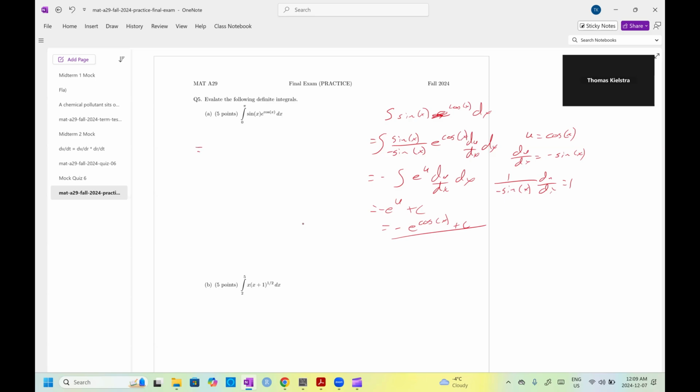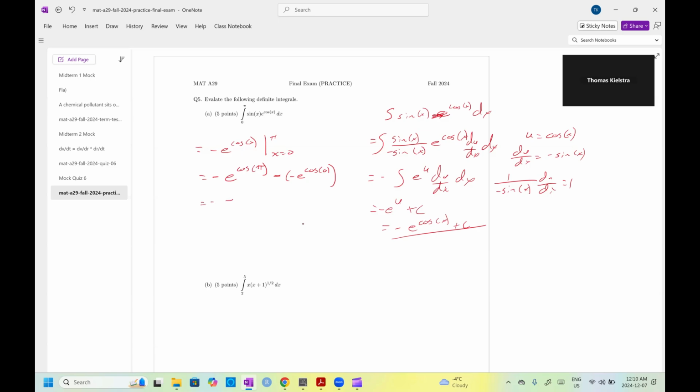So this equals minus e to the cos of x evaluated at x equals 0 to pi. So this equals minus e to the cos pi minus, minus e to the cos of 0. Now, cos of pi is going to be minus 1.